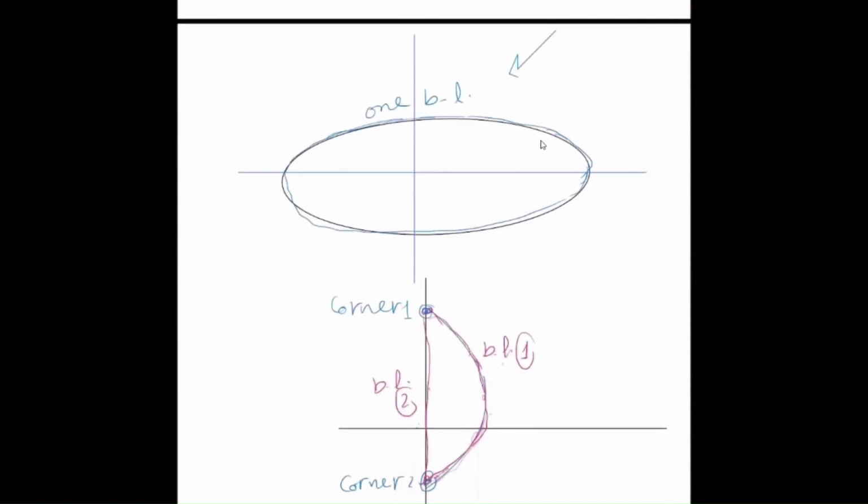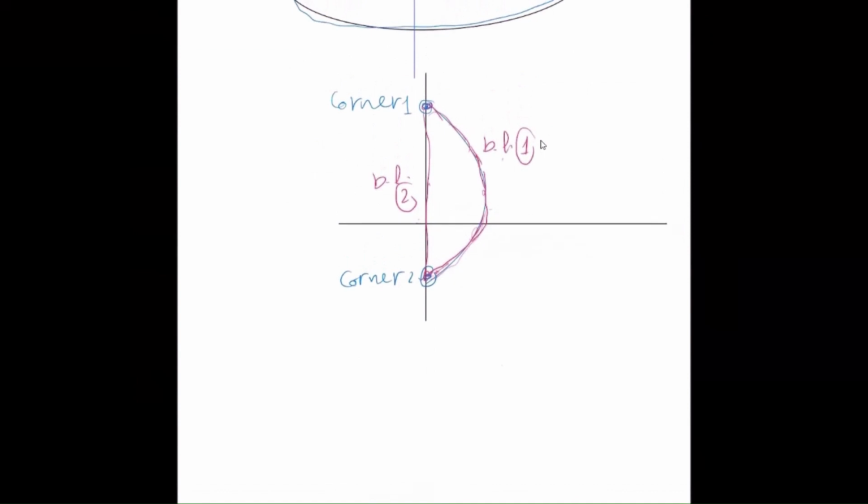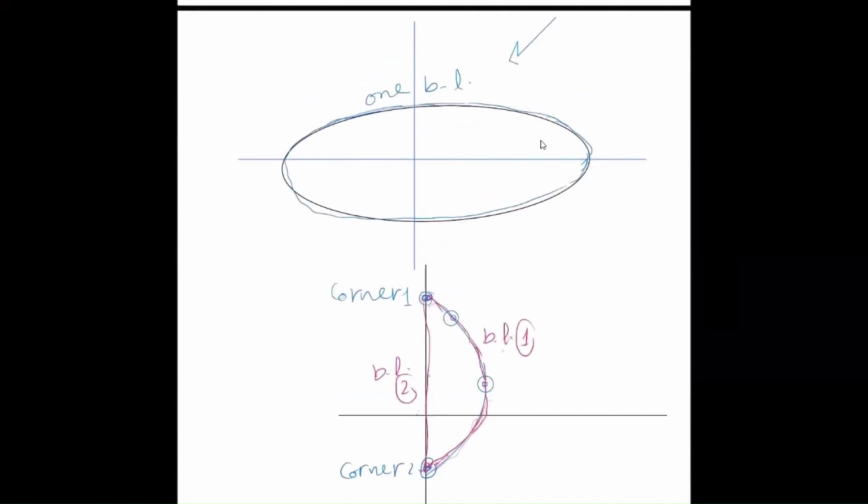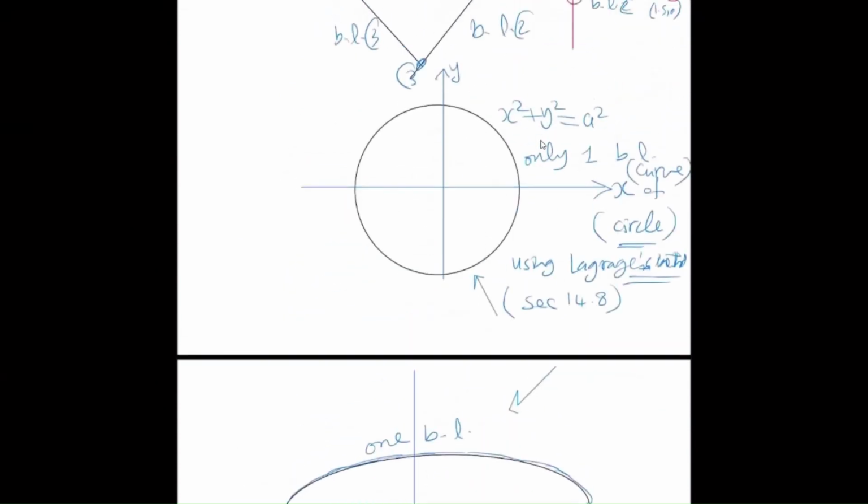Even if it is part of a curve, we can study it as well using Lagrange. But we need to choose whether the points are on this boundary line or not. So we study the whole ellipse or the whole circle, but choose from them the ones satisfying our additional condition. Okay.